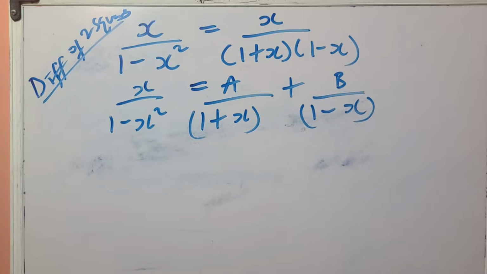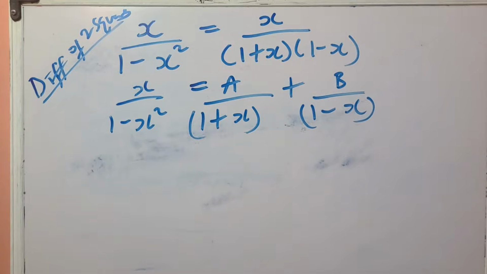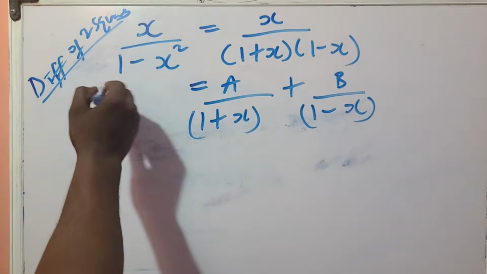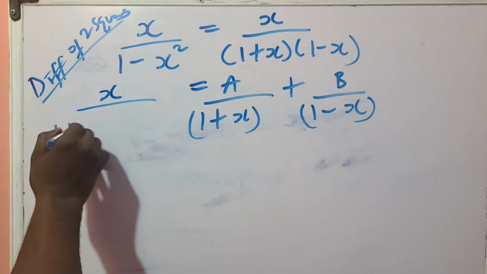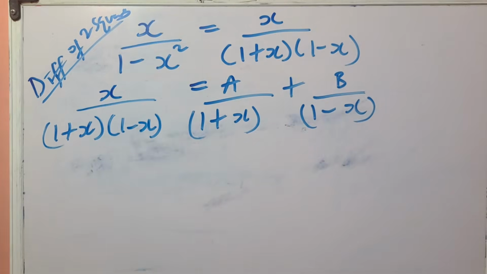All right. Now, what do you want to do next? You want to find a way to eliminate the entire denominator here. Because we have already resolved it into difference of two squares, so we have 1 minus x. You don't want to have all these many denominators.